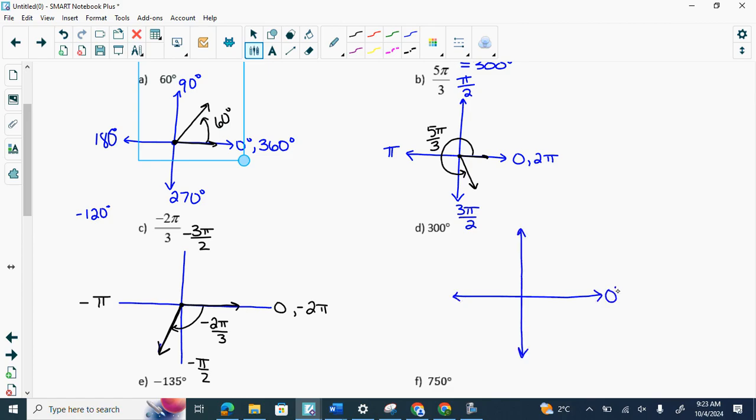So this is 0, 90, 180, 270, 360. Here, and then we're 30 more than 270. So, 300.